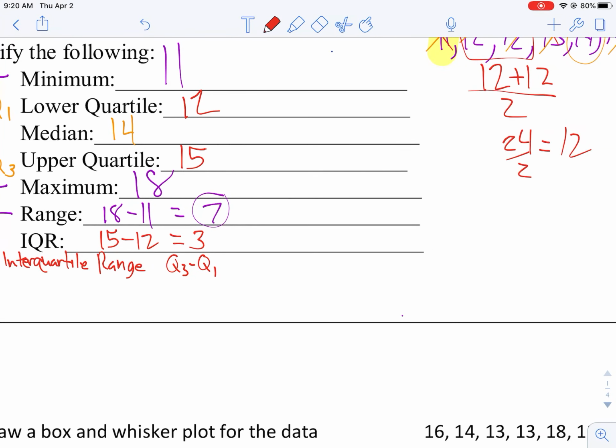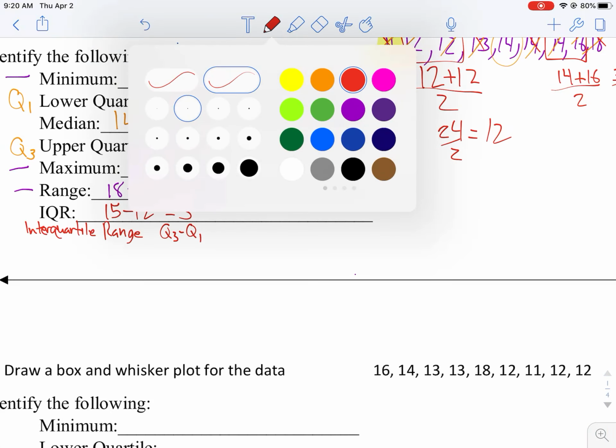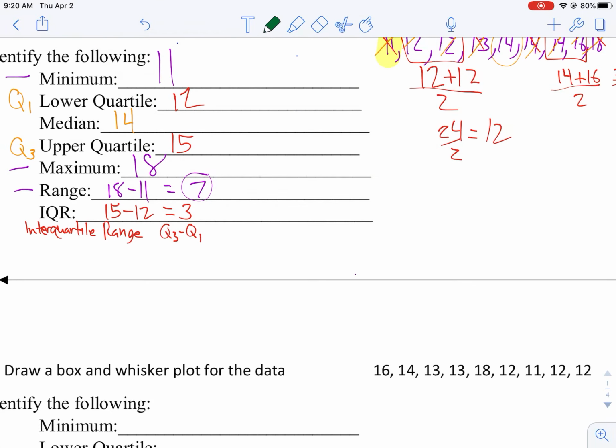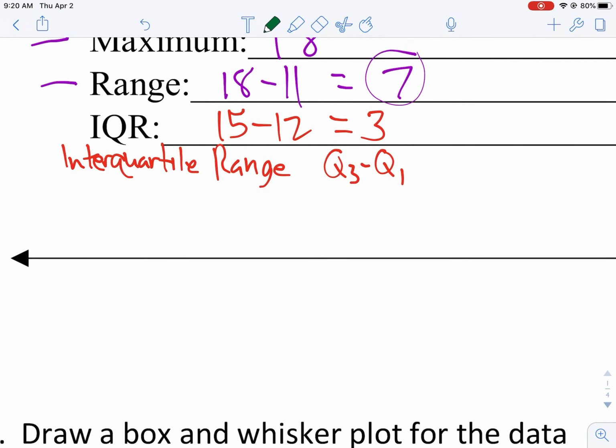Okay, so now that I have this summary, I'm going to look and see what I actually need to solve these problems or to graph this information. So what I'm going to do is I'm going to go down to my graph. Go 10, 11.